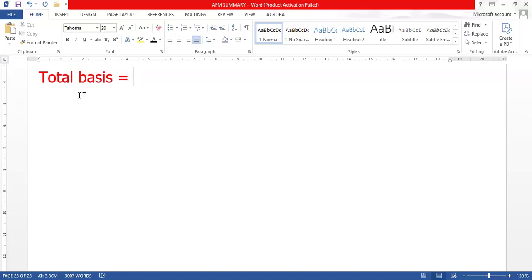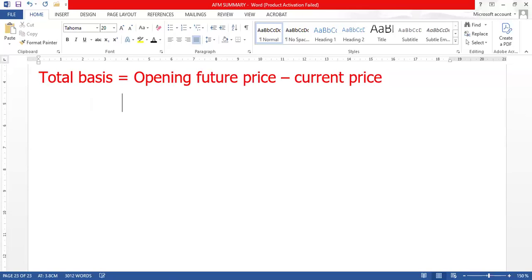You simply get the opening futures rate, then subtract the current rate. Since you're dealing with rates, I just put the rate. The opening one, we saw, is 15.06.